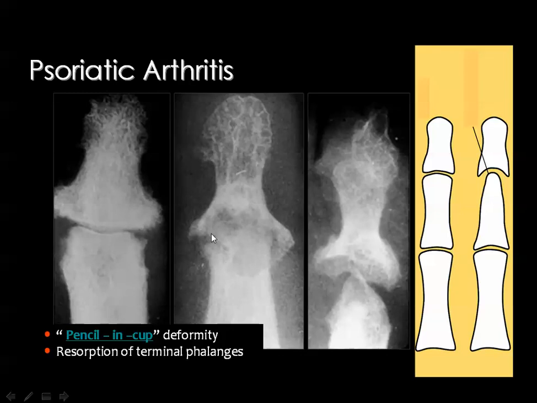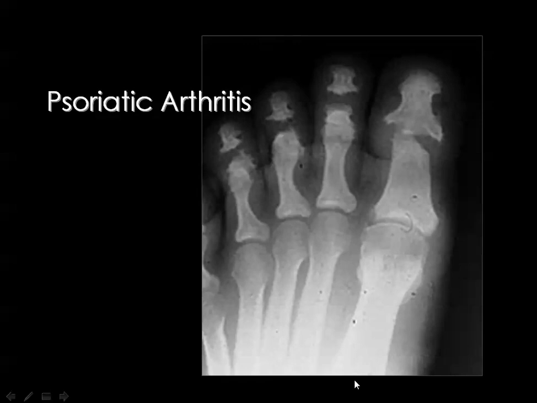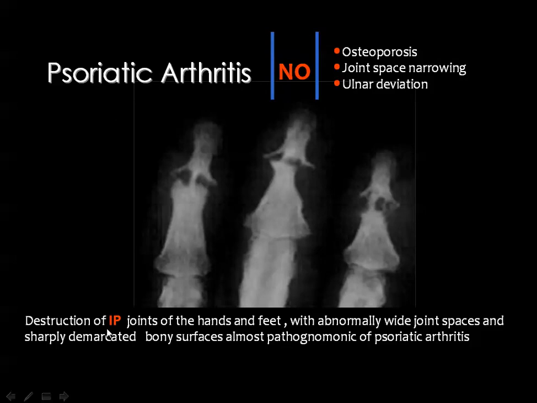Then in time you get erosion and resorption of most of the distal part of the middle phalanx, and broadening of the base of the terminal phalanx, so that you get this very characteristic abnormality. And here you can see affection of the distal interphalangeal joints, and you get the classic pencil-in-cup deformity.